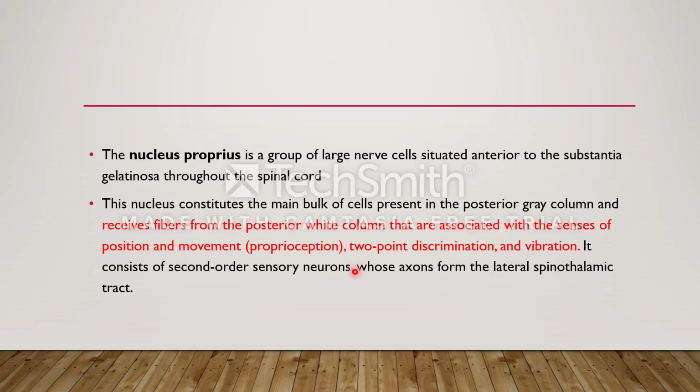What you have to learn in this slide: number 2, the nucleus is the nucleus proprius. What is the important point? It is present in the whole of the spinal cord. Number 3, it is anterior to the substantia gelatinosa. Number 4, it is receiving fibers for position and movement, which is named proprioception, and two-point discrimination and vibration.